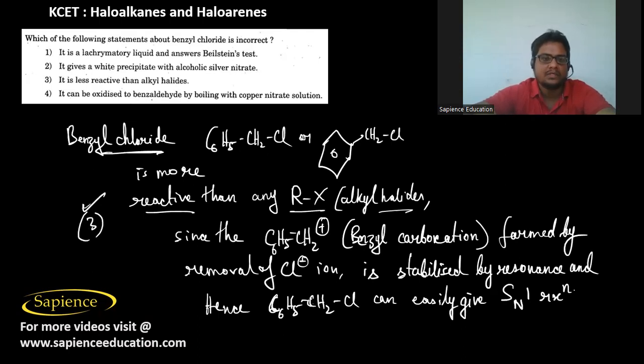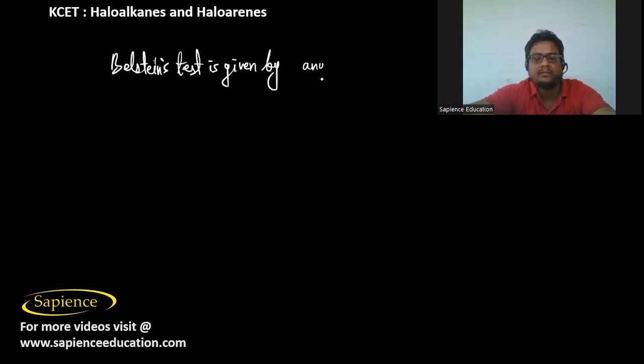And in option 1 it is said that it is a lacrimatory liquid and answers Beilstein test. Yes, it will be true, since Beilstein's test is given by any organic compound containing halogen.